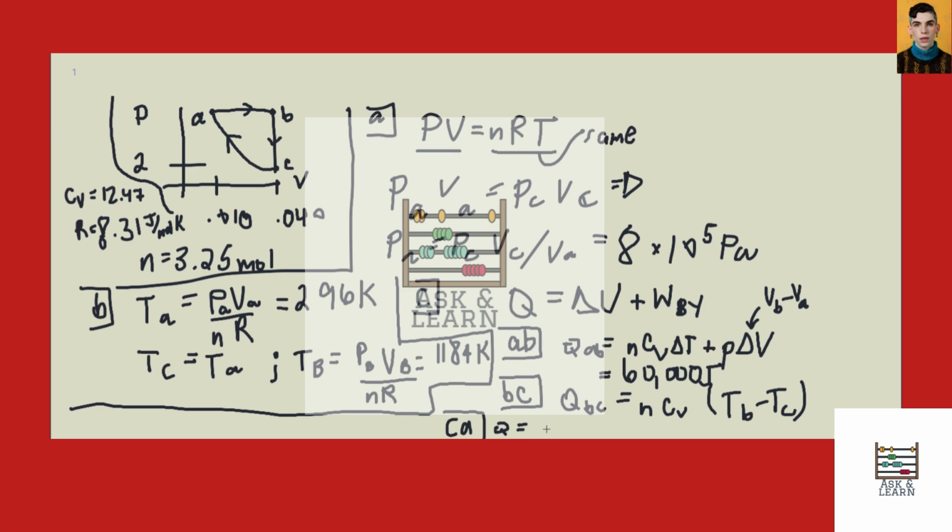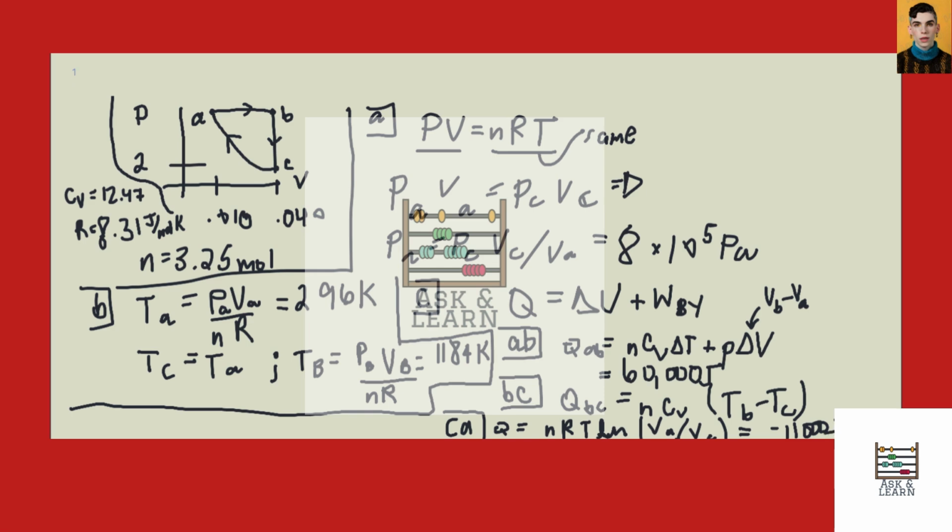So for an isothermal process, the work is nRT ln of V at C over V at A. If you plug in all of that, then maybe you'll get what I got, which is minus 11,000 joules.